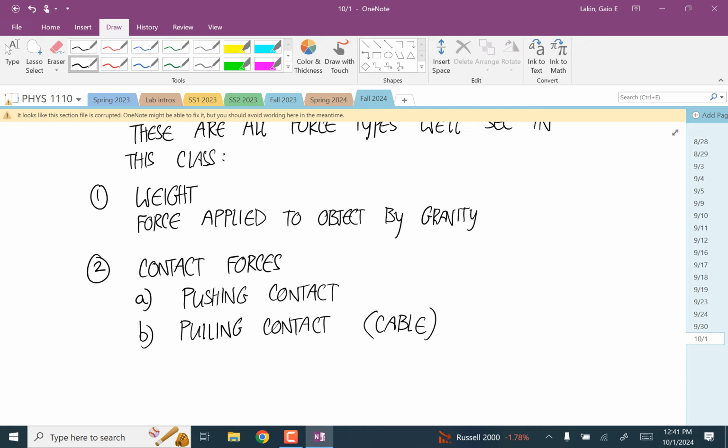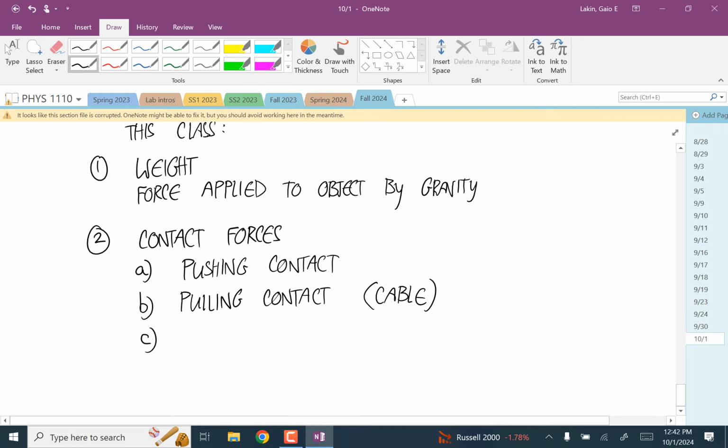I'm going to just call it a cable. So in a way, we're going to use that as a way to differentiate between pushing forces and pulling forces. If you could replace the contact with a string and the system would behave about the same, then that's a pulling force. And then the third one is friction force.